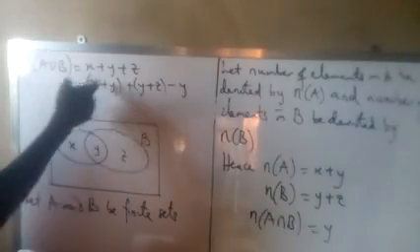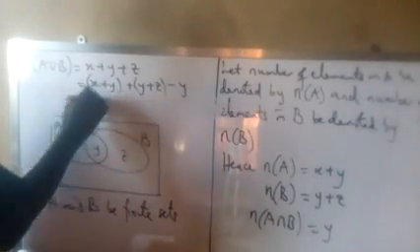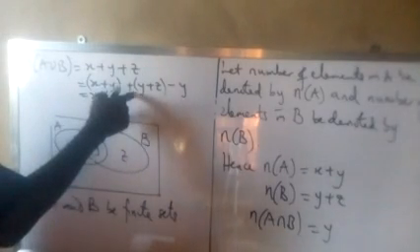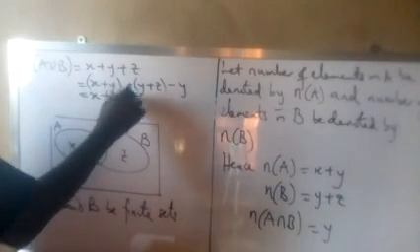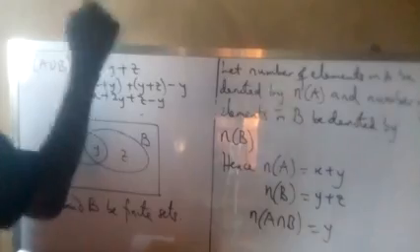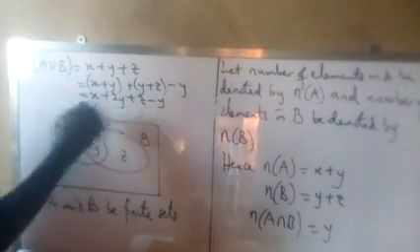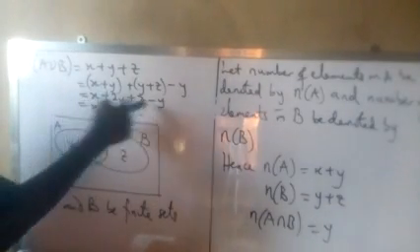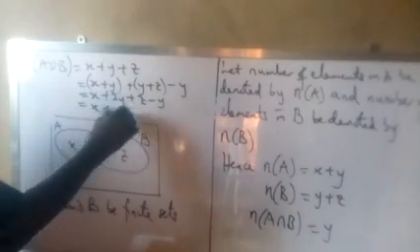So if we open this up, we have X plus 2Y plus Z, then minus Y. By the time we evaluate this, we have X plus 2Y minus Y plus Z.